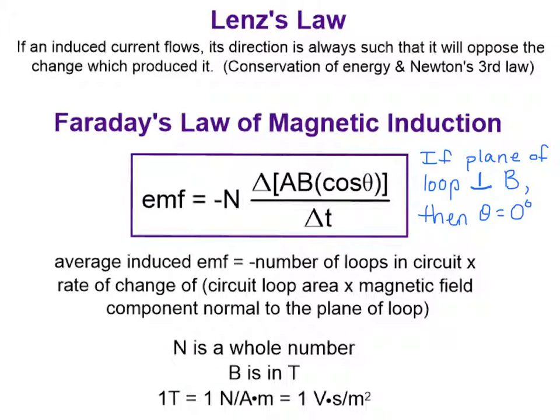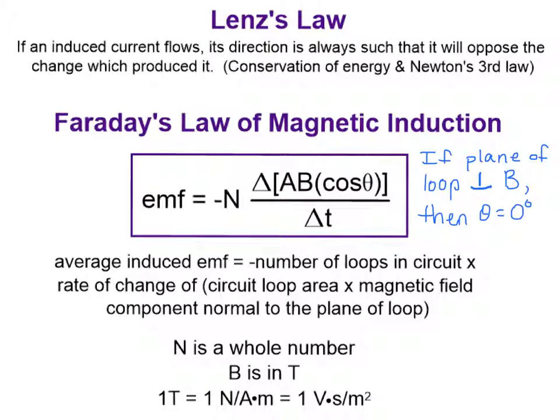And if theta is equal to 0 degrees, the cosine of theta is 1, and you have the full strength of your magnetic field that is possible in this calculation. Essentially, this is only looking at the magnetic field component that is normal to the plane of the loop. So this is a little bit limited as far as the math goes in what we're going to be looking at.